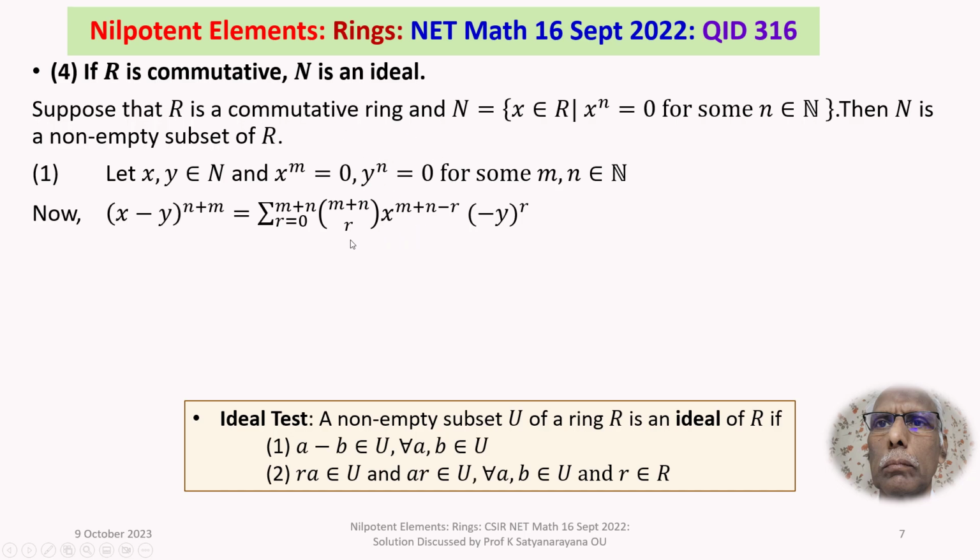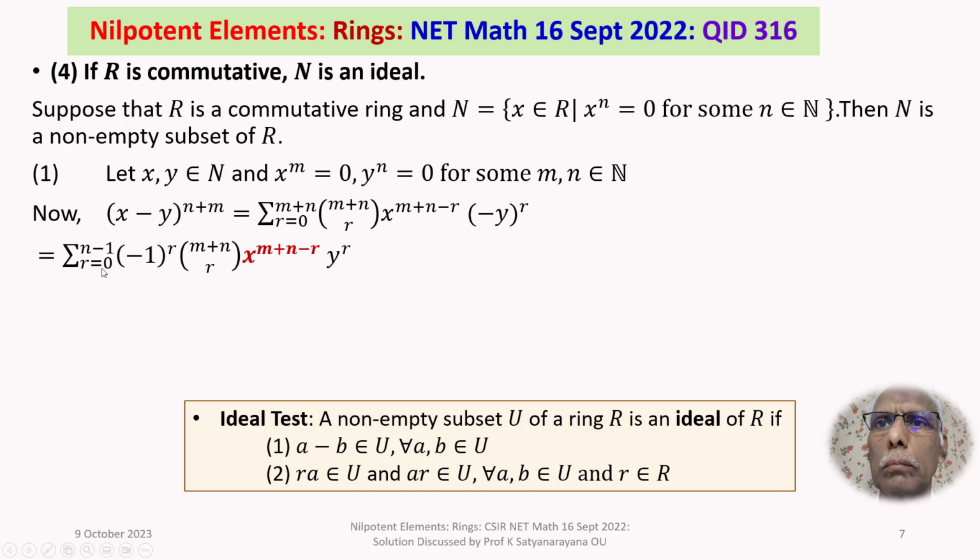Agreed. Now, first sum from r = 0 to n−1. (−y)^r is written as (−1)^r y^r, times (m+n)Cr x^(m+n−r).